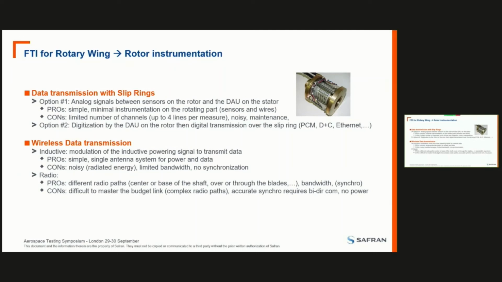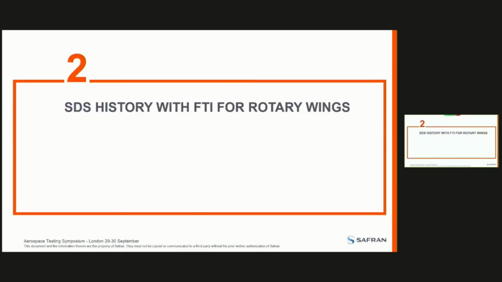So somehow the availability of the measurements and the overall accuracy are affected, and also the synchronization. If you want to have an accurate synchronization between the stator part and the rotary part, in this case you usually need a dedicated bidirectional communication. And the radio transmission does not cover today the powering aspects of this transmission, so you need something in addition.